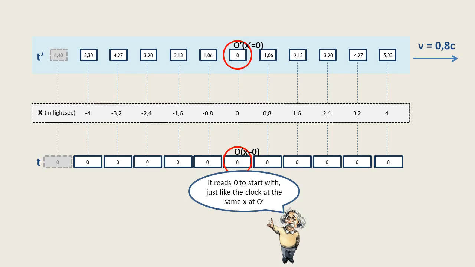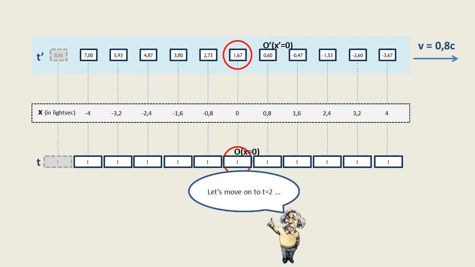And let's now compare them after 1 second. The clock in the frame of observer O' reads 1.67 seconds and only 1 second at observer O. So, according to O', the clock of O runs slower.